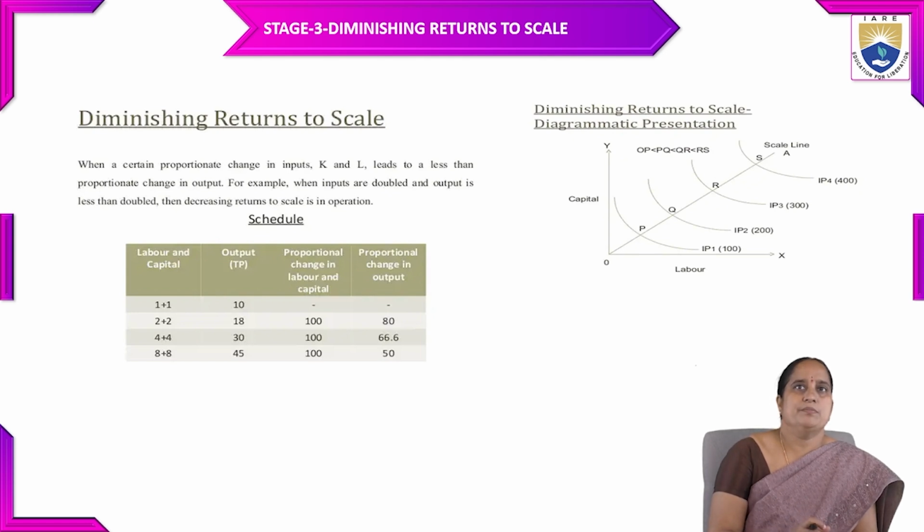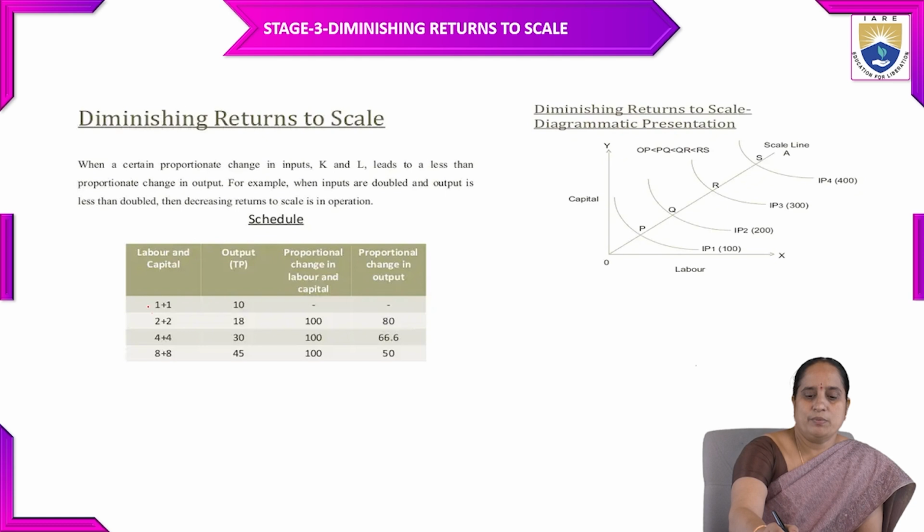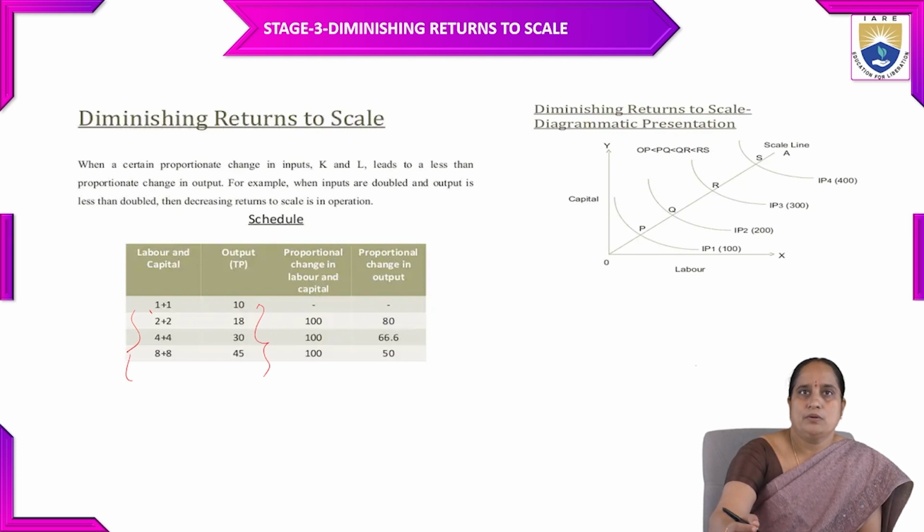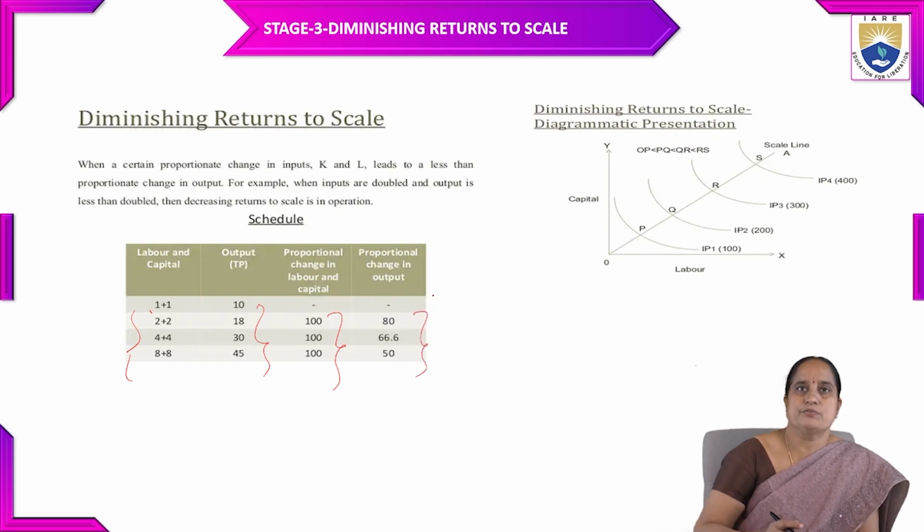Coming to stage C, diminishing returns to scale: when a certain proportionate change in inputs, capital and labor, leads to a less than proportionate change in output. For example, when inputs are doubled and output is less than doubled, then decreasing returns to scale operate. If you double the input, you observe the output values 10, 18, 30, 45, whereas the input's proportionate change is 100%, but the same does not happen in output.